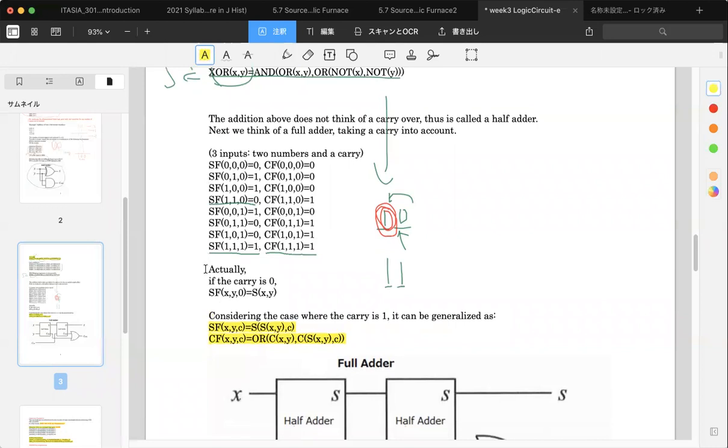So here comes the explanation saying that actually, if the carry is 0, SF of something 0 is just equal to S of something.